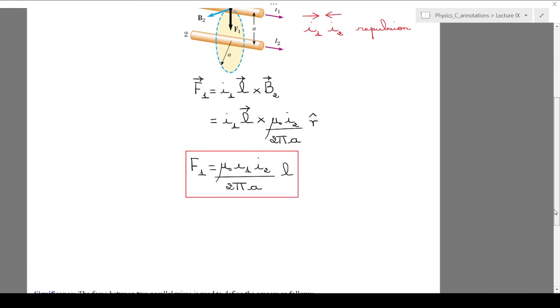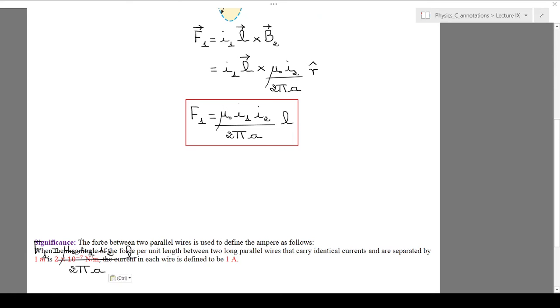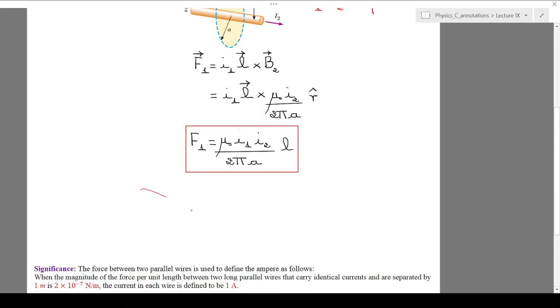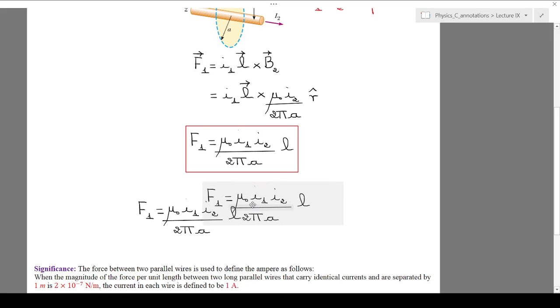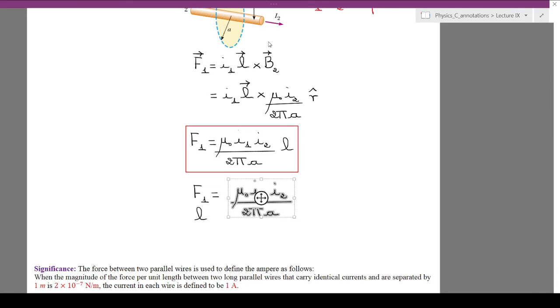But what is most interesting is to normalize this equation by length.